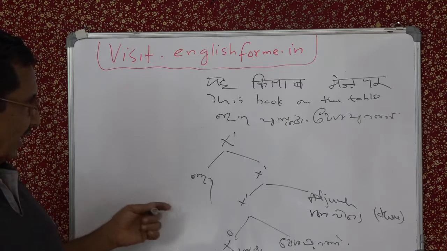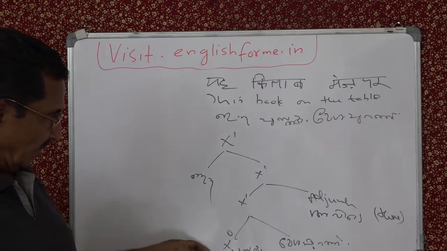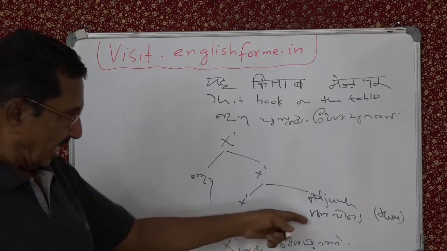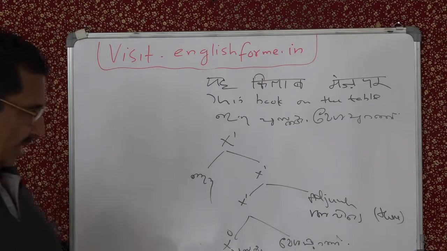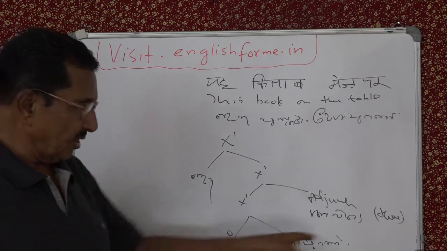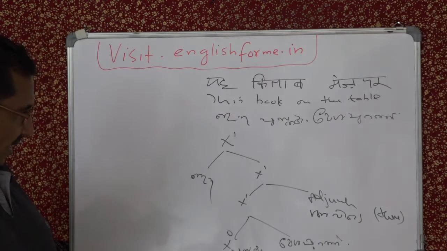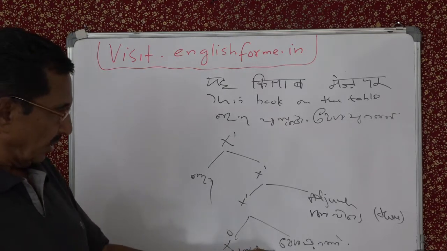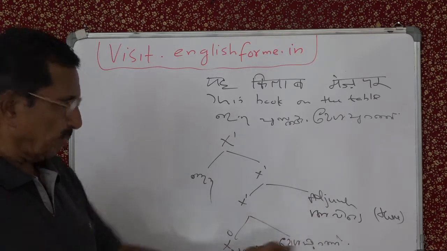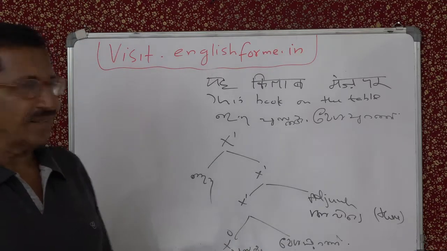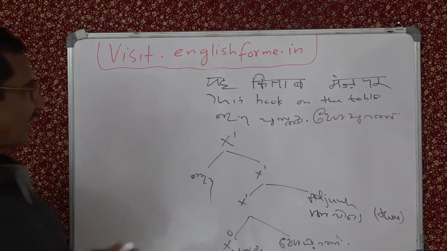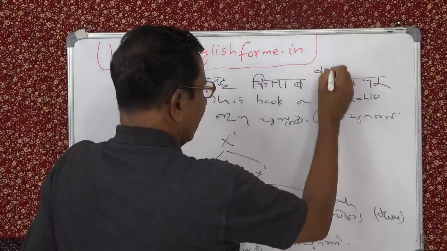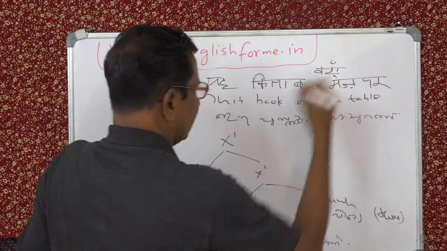Like in English, no? This book, there on the table. यह किताब मेज पर, यह किताब वहाँ मेज पर. See. So if we say एक किताब वहाँ मेज पर.